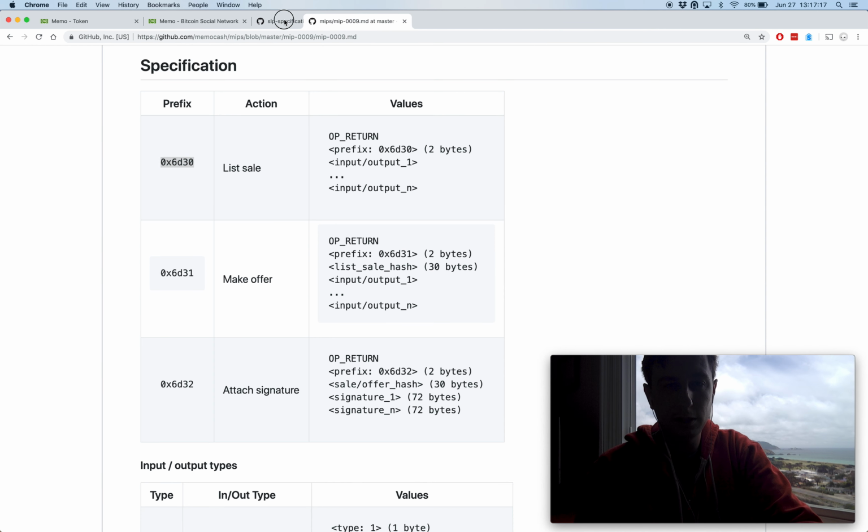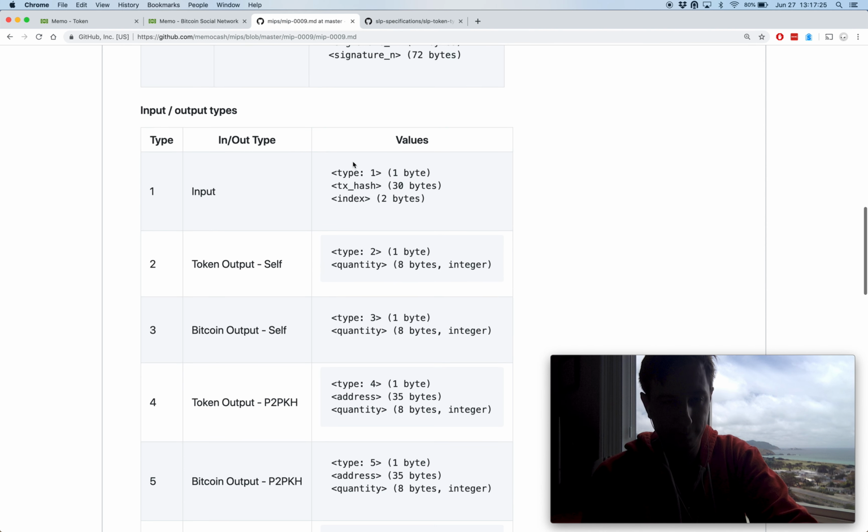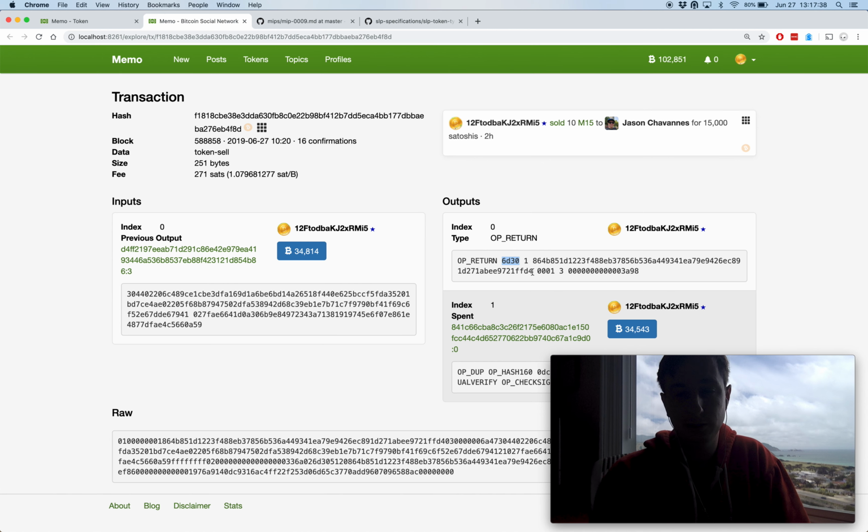And basically the prefix, and then these input-output options, and those are down here. So type 1 is input, and the rest are outputs. And basically you're saying, 6030 says, I want to create an offer that includes these inputs and these outputs.